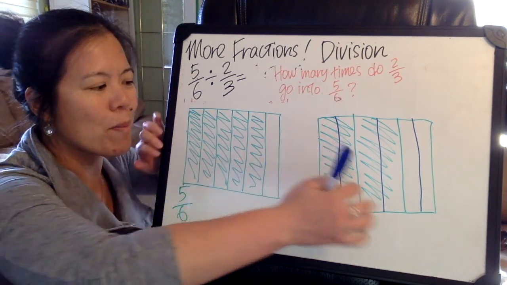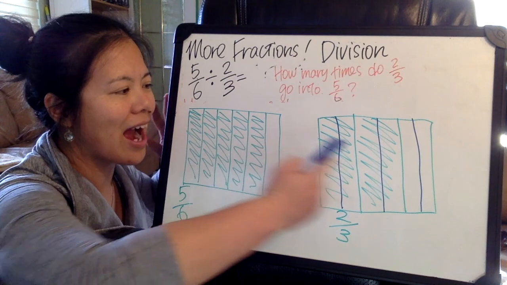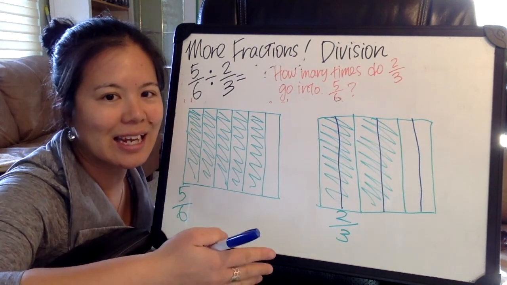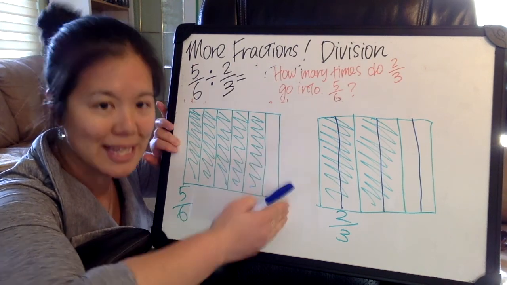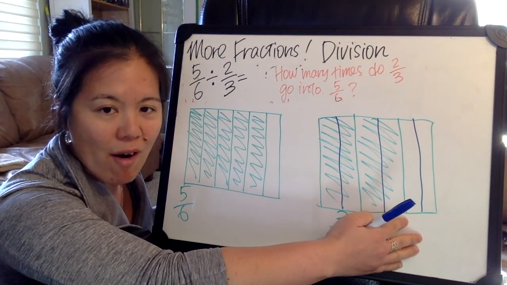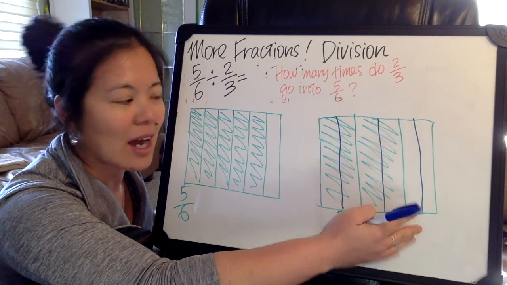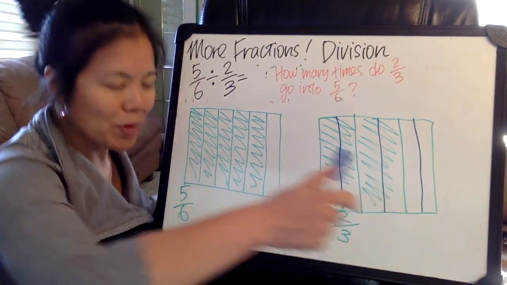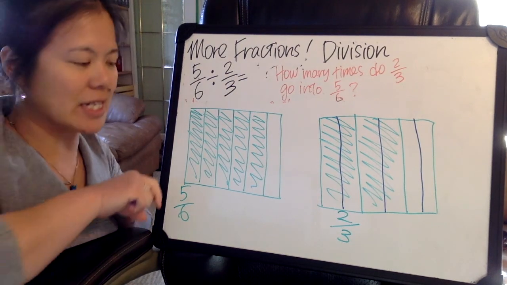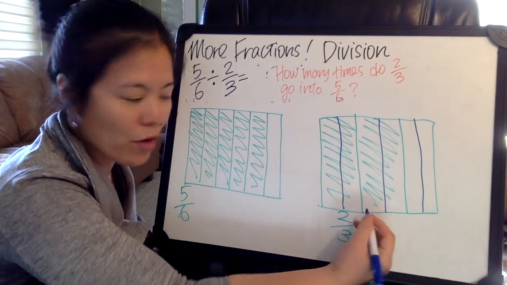Now I can compare these two fractions because they actually represent exactly the same model, because this whole is divided into 6 equal parts, and this area model is divided into 6 equal parts. So what I did was I found a different equivalent fraction for 2/3.